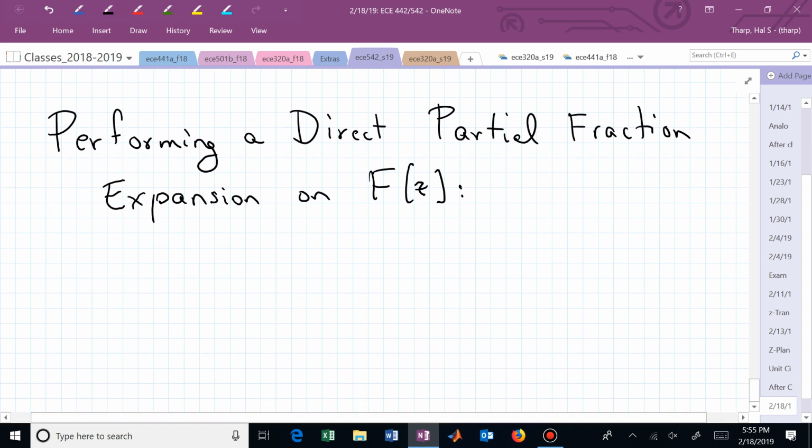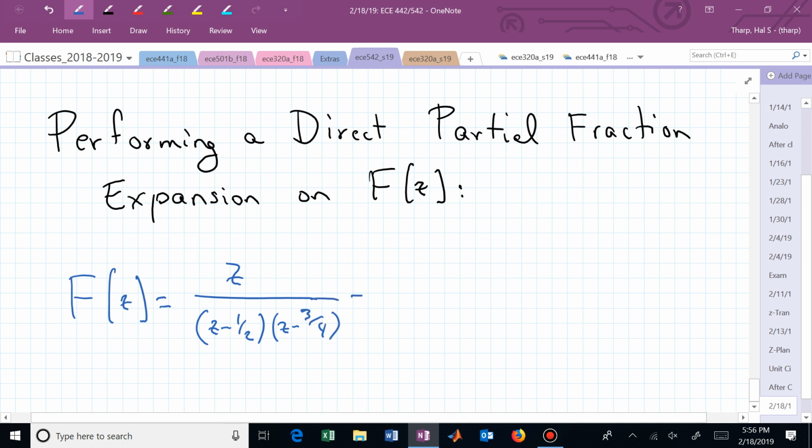All right, so performing a direct partial fraction expansion on f of z, if we did that, f of z was now this z over z minus 1/2, z minus 3/4. What would the partial fraction expansion look like? Structurally, it doesn't look any different really than what we had for the Laplace. How many terms do you expect to see in the partial fraction expansion? 2, because we have 2 poles. What's in the denominator of each of those terms?